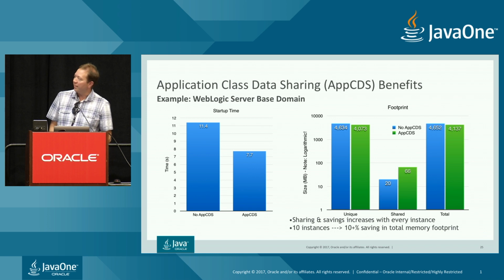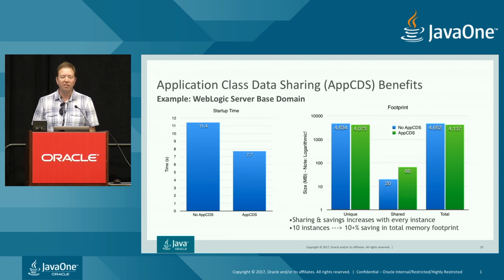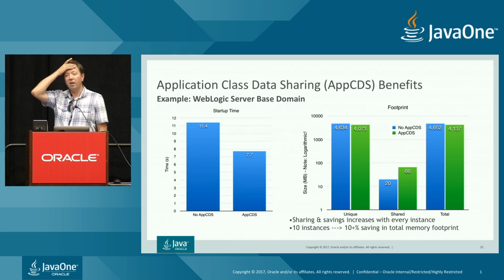You should note that the y-axis is logarithmic, but in the end, this actually does add up over time. So this is, in this case, 10 different instances. If you run even more, you'll get more sharing, and what we're seeing here is approximately 10%, which may not sound like a lot for like my laptop, but if you stamp that out across a data center with hundreds of thousands of instances, then it suddenly starts turning into real dollars.